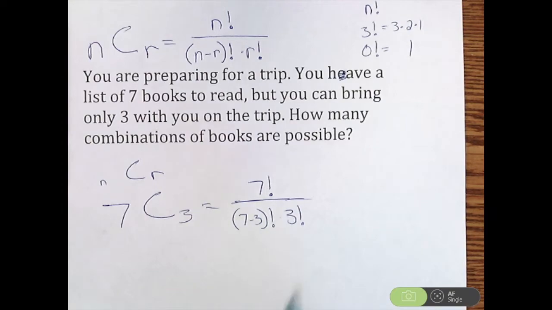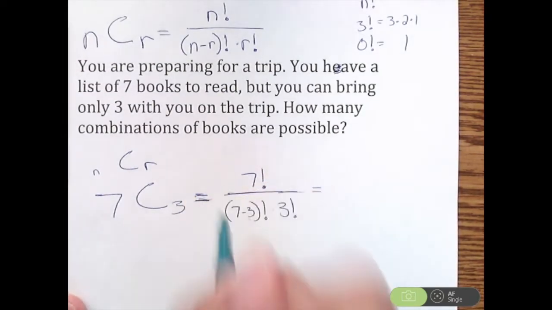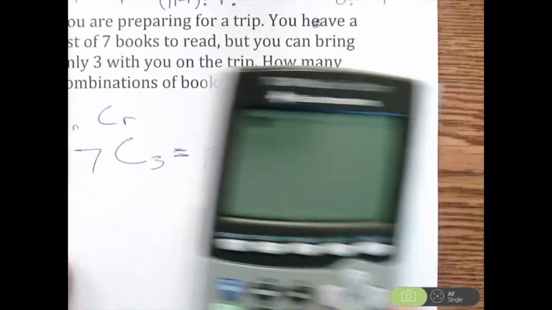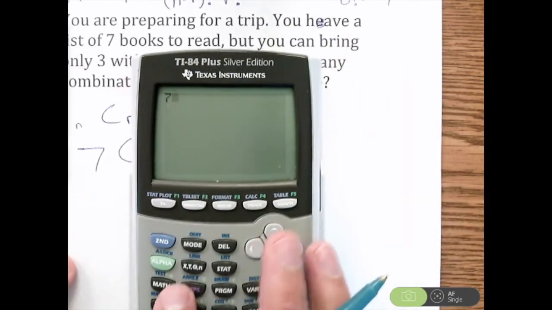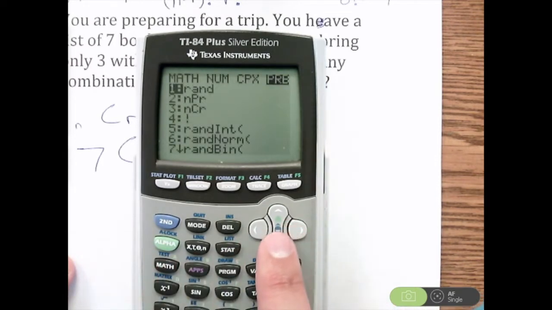We could sit there and plug in and do all that, but our calculator will handle a lot of this. I plug into the formula to show that I know what's going on, then I let the calculator go the rest of the way. To do 7 choose 3, I type in a 7 first, then go to the math button, all the way over to probability, and go to nCr, option number 3.